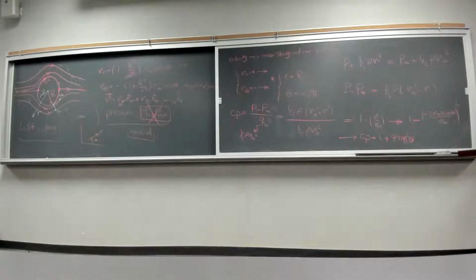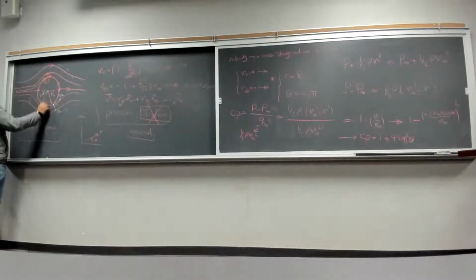Are there any questions? Let me ask you this before moving on. What is the maximum velocity on the surface of the cylinder, and where do we get it? The max velocity you get at pi over 2 and 3 pi over 2.